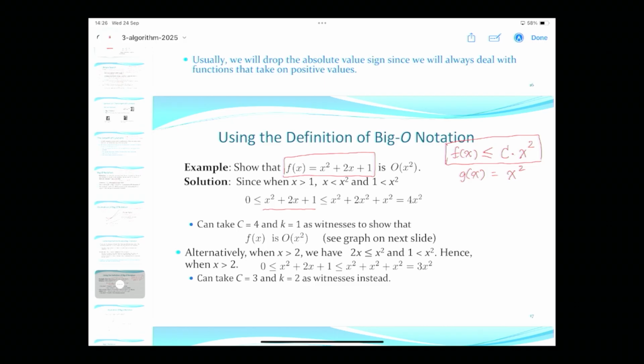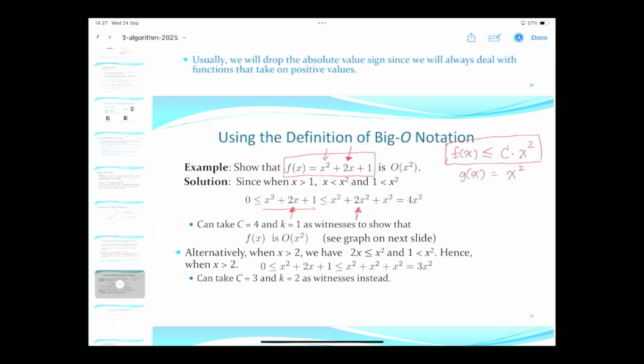We start with the largest term in the function, which is x squared, with the highest degree. And then the next term, 2x, would have less value than x squared when x is large. So we can simplify this term: 2x is less than or equal to 2x squared.